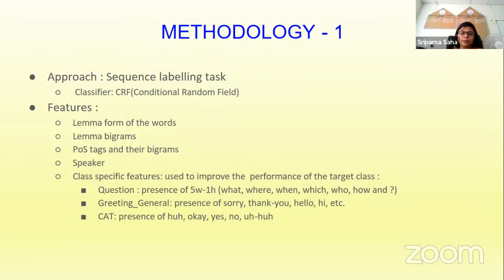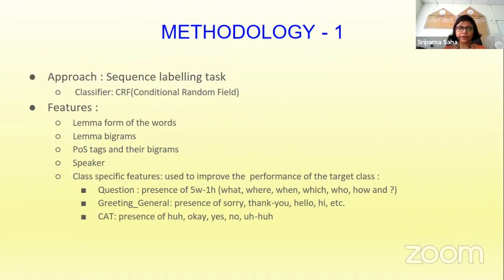Then for greeting, we check the general presence of sorry, thank you, hello, hi, etc. And for the category, we see whether there is a presence of who, okay, yes, no, etc. So these are class specific features, and we see whether these words are present in the utterance or not. If these words are present, then we mark it, so there is a binary feature.